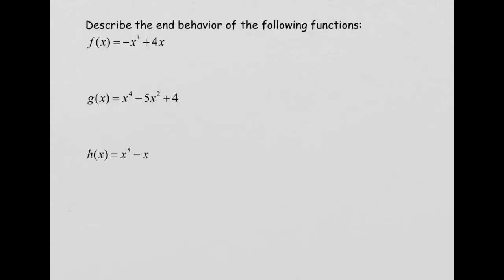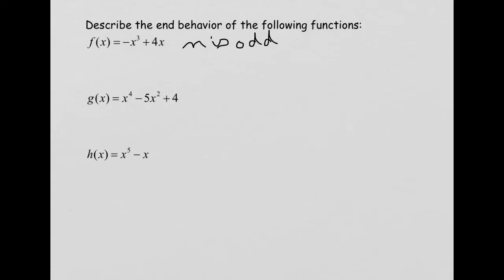Now we're going to use the leading coefficient test. First thing we need to do is find out what n is, and n is the degree of the polynomial, and n is odd. And then we need to know whether the leading coefficient is positive or negative.